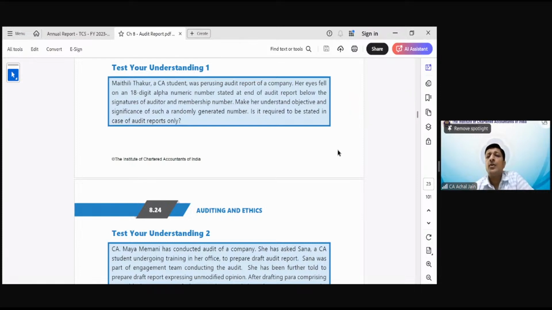She was perusing the audit report of a company, and her eyes fell on an 18-digit alphanumeric number stated at the end of the audit report below the signature of the auditor and the membership number. Make her understand the objective and significance of such a randomly generated number. Is it required to be stated in case of audit reports only? What is your view? What is your thought? Over to you.